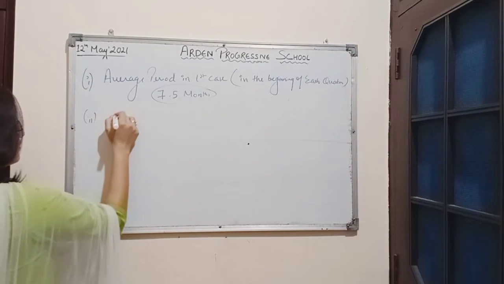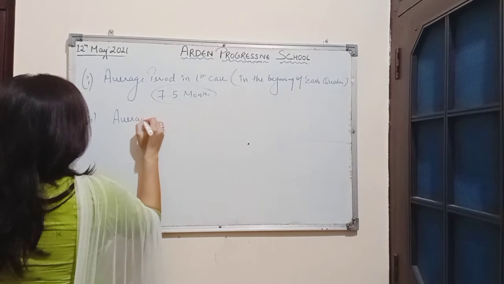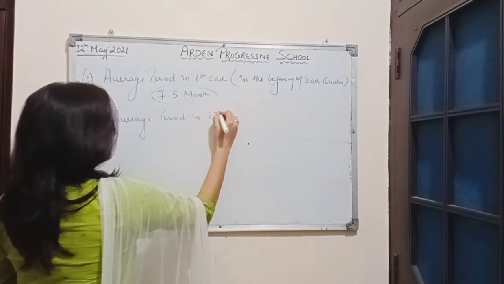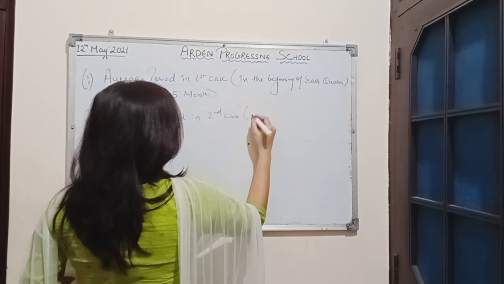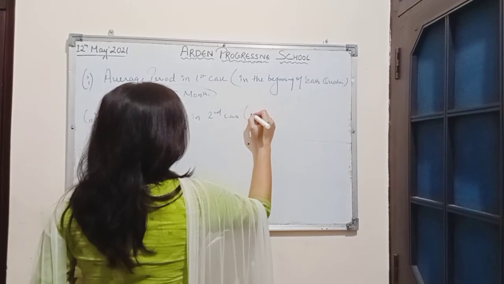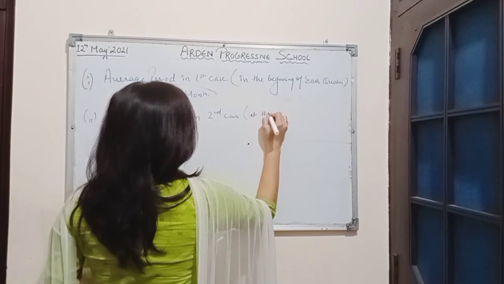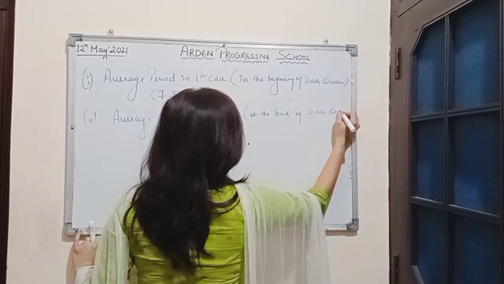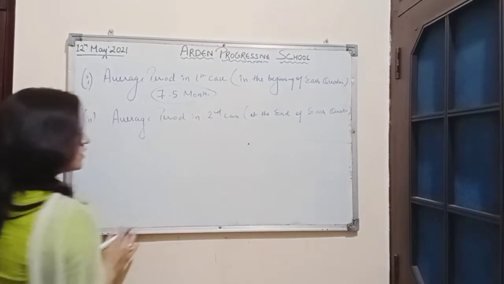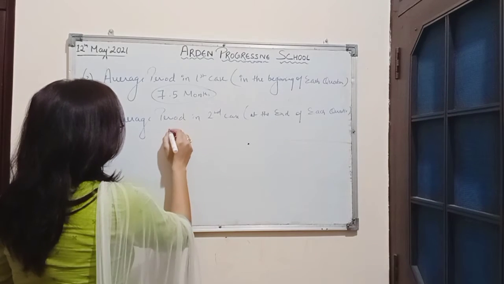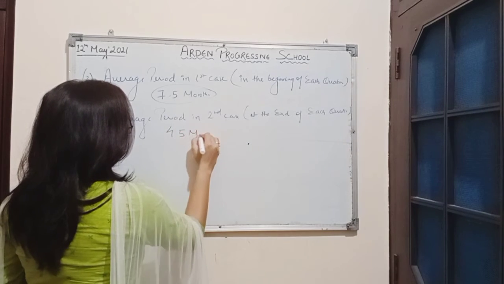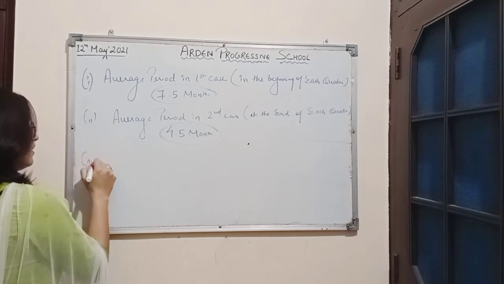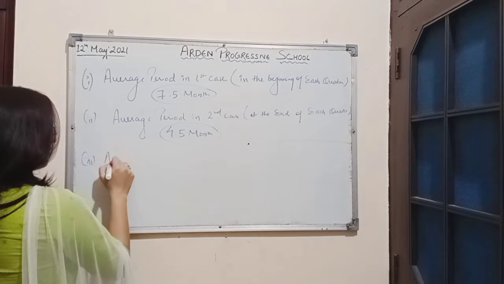Second, average period in the second case, where the amount of drawings were withdrawn at the end of each quarter, is calculated for 4.5 months.